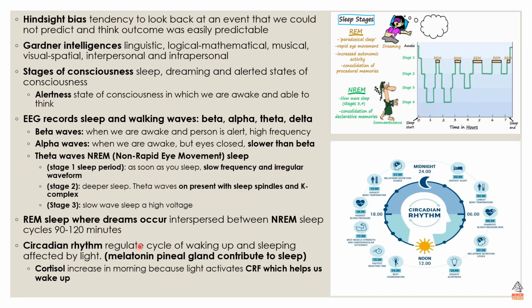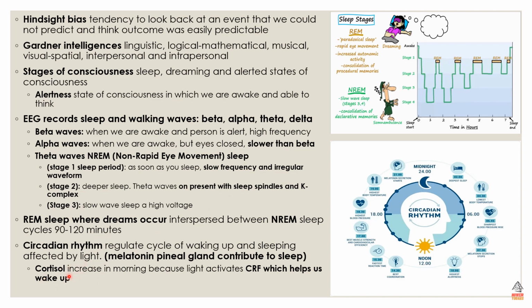Then lastly, slow wave sleep at high voltage. This is basically deep sleep. Stage 3 is deep sleep. And then the last stage is REM sleep, rapid eye movement sleep, where dreams occur. It's interspersed between the NREM sleep cycles, and it lasts 90 to 120 minutes throughout your sleep cycle.